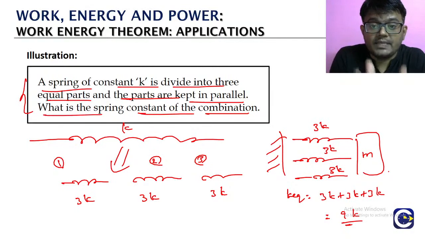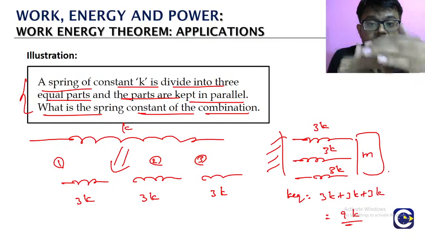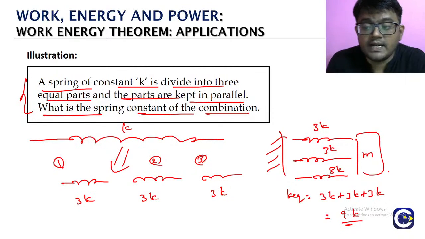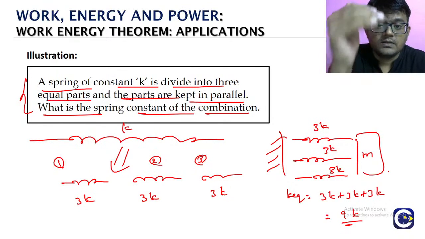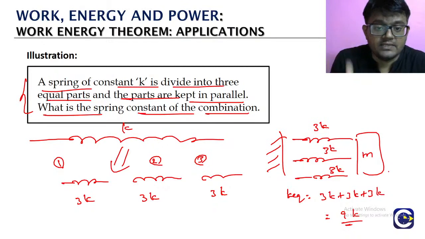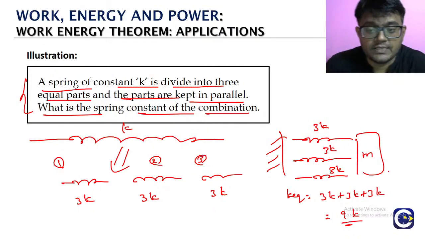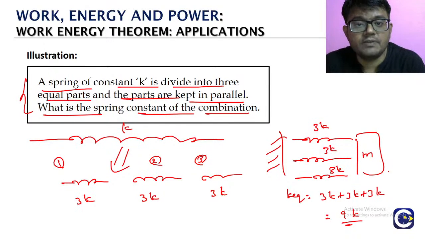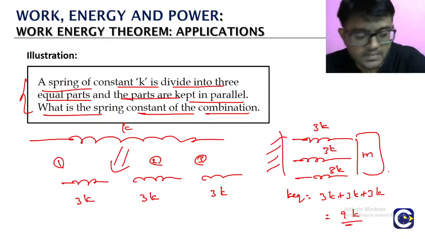Now we are not stopping there. We are taking these parts and putting them in parallel. When you put them in parallel, each of these parts is now parallel, so the overall equivalent is K1 plus K2 plus K3. That is the parallel combination. So the final spring constant of the combination will be 9K.